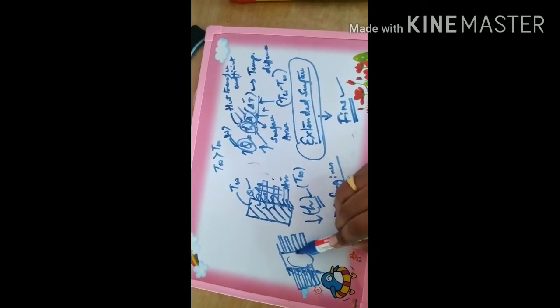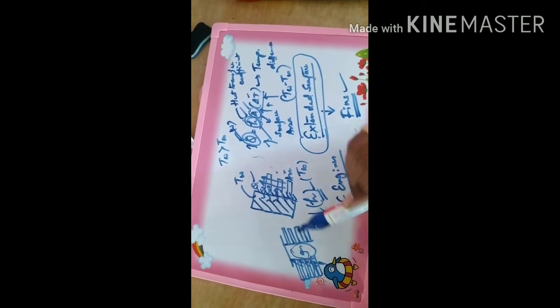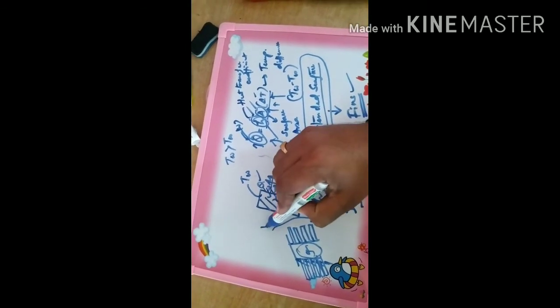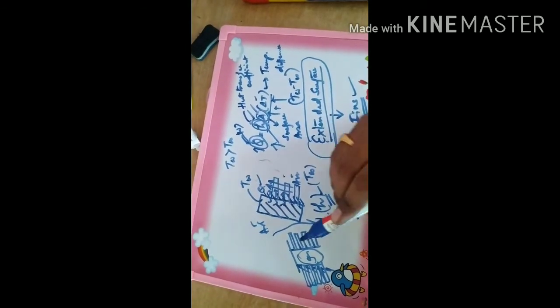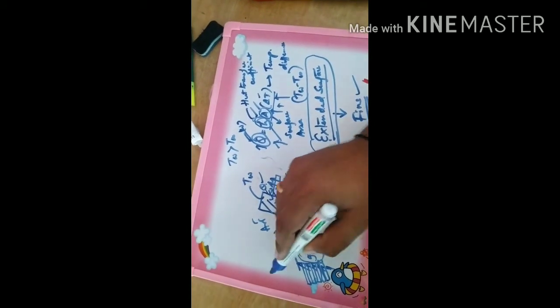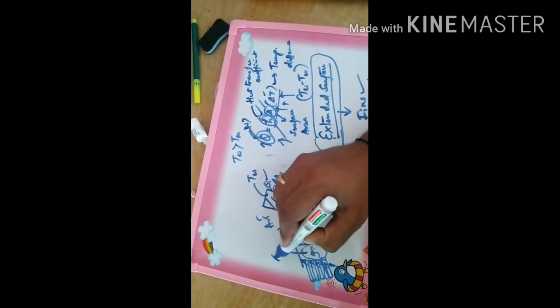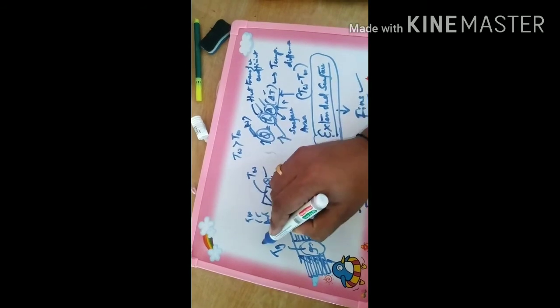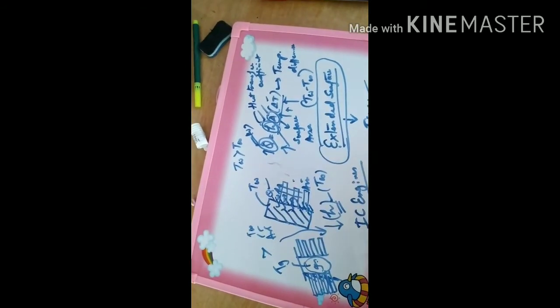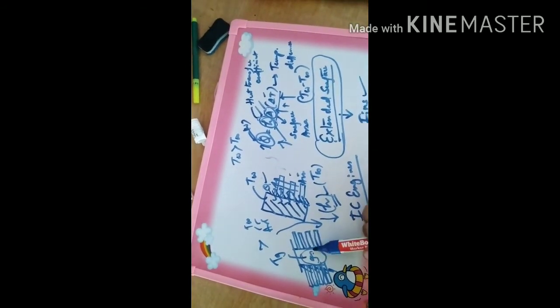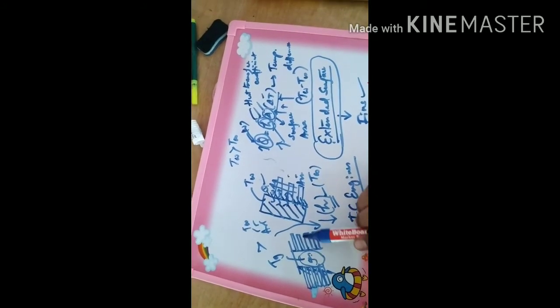Inside there will be a hot gas, and surrounding it there will be air. Since the gas temperature Tc is greater than T infinity, obviously convection occurs through this cylinder wall to the air.